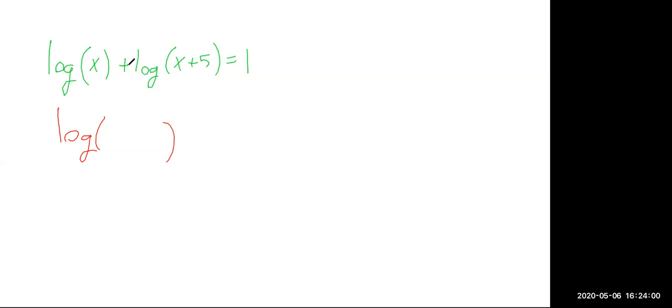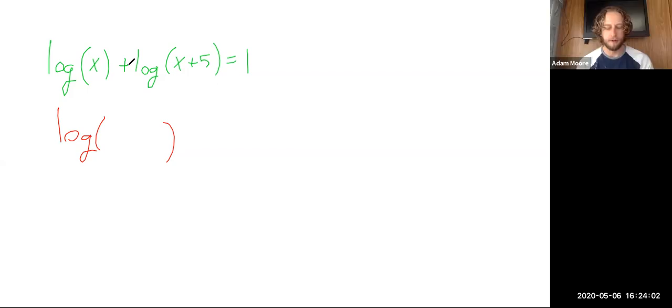Timesing. Yeah, if we're going to glue them back together, it's the other way around. Plus will be like times. So if we glue them, this and this will be timesing. We have log of x times x plus 5 equals 1.